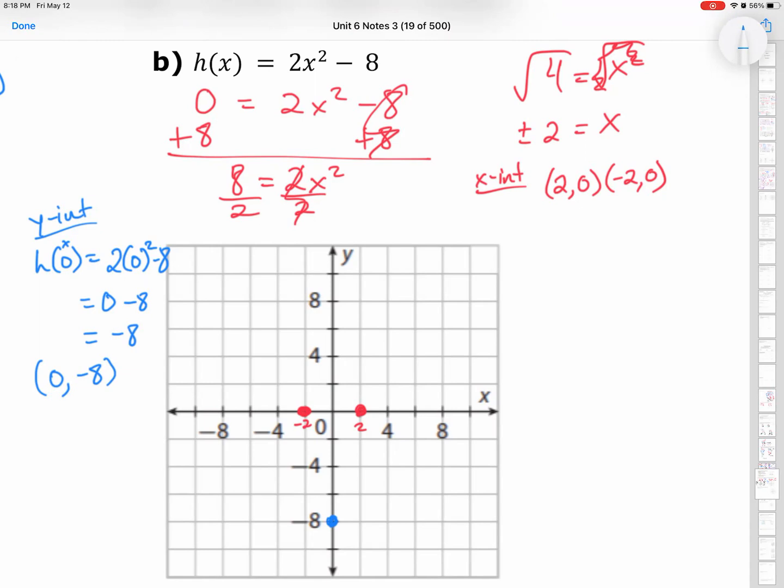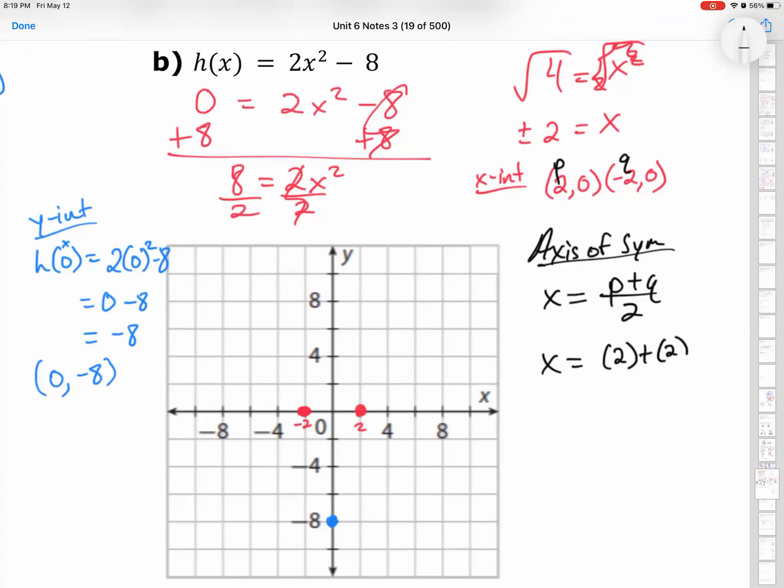Now let's go ahead and find our axis of symmetry. Our x value for the axis of symmetry is equal to P plus Q divided by 2. Well, here's your P, there's your Q. We dump them in. So x equals (2 plus... oh, this guy is -2.